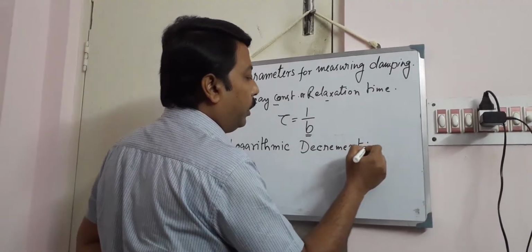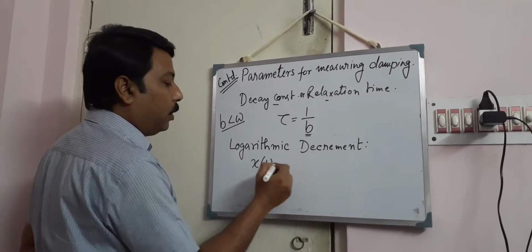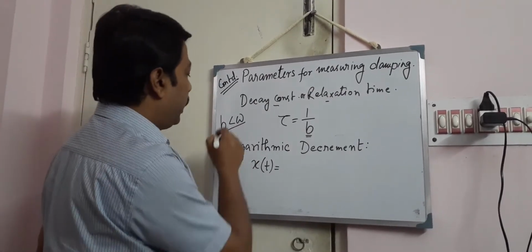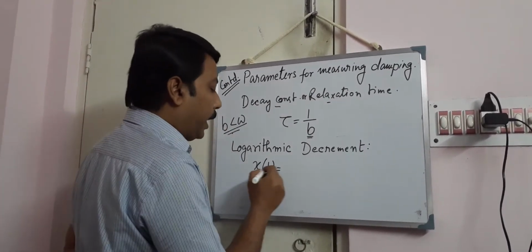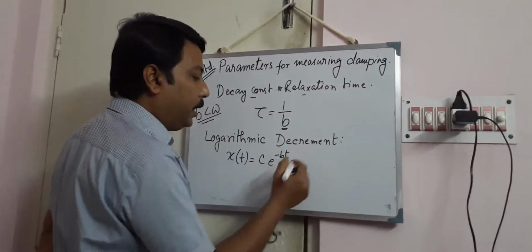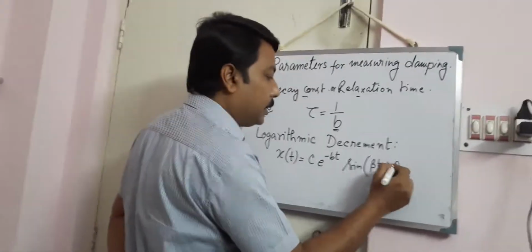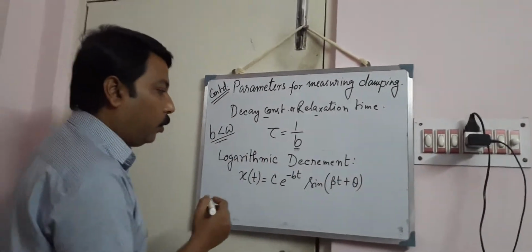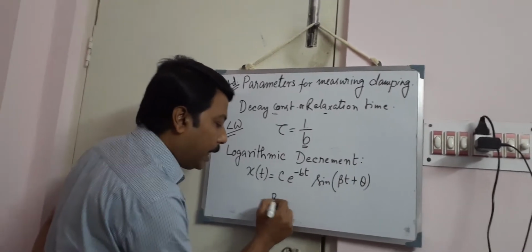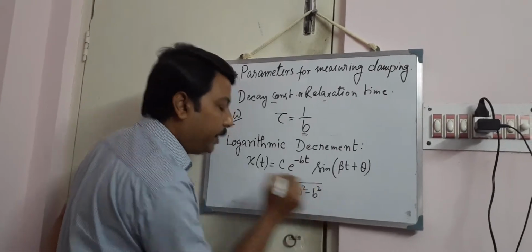So if we recall that the displacement of a weakly damped oscillator, that means in this b less than omega case, the displacement expression is given by c e to the power minus bt sine beta t plus some theta, where this beta stands for root over of omega square minus b square.